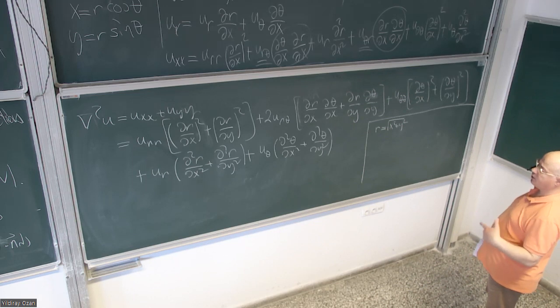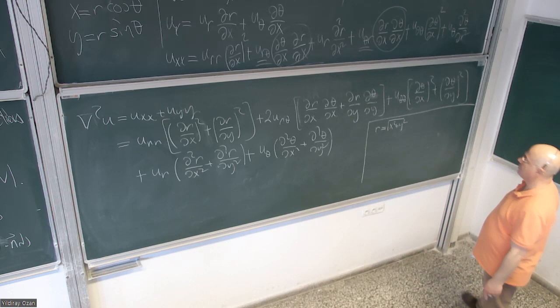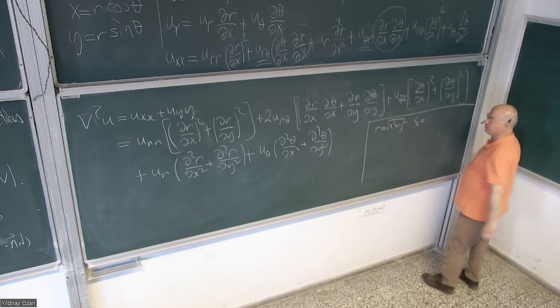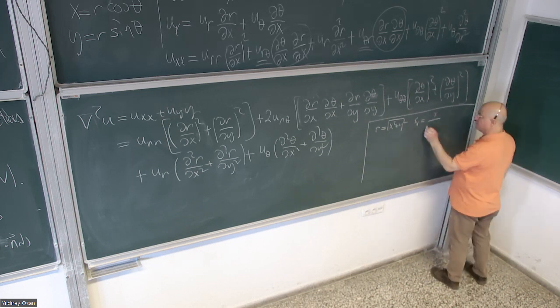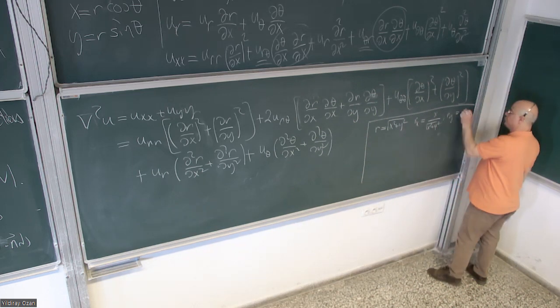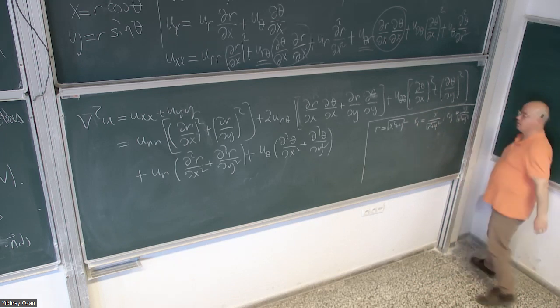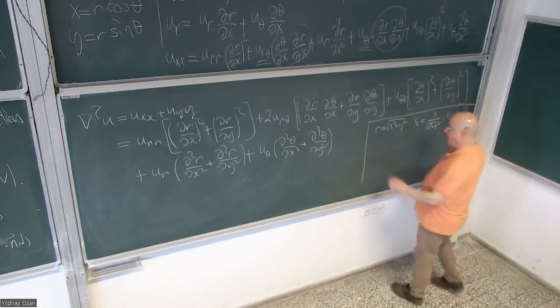The derivative with respect to x, the second derivative with respect to x, there is no mixed derivative. Interesting. So what is r sub x? It is just x divided by the square root of x squared plus y squared. r sub y is just y divided by the square root of x squared plus y squared. What about r sub xx?